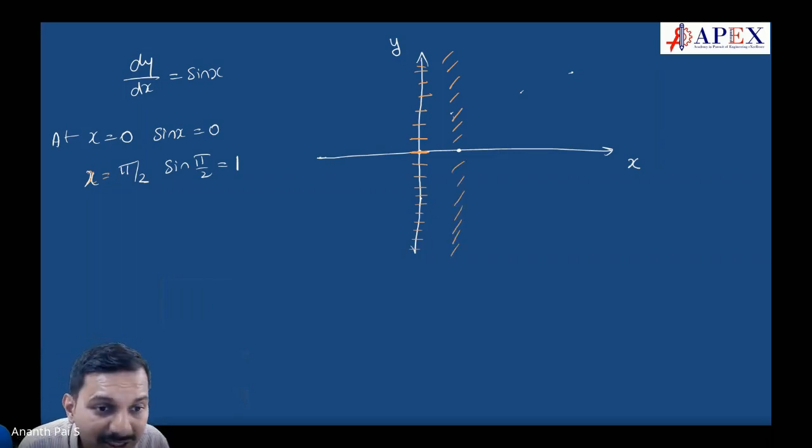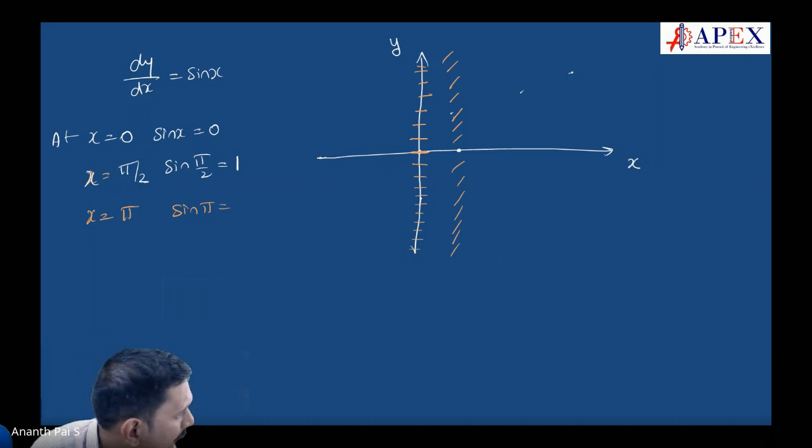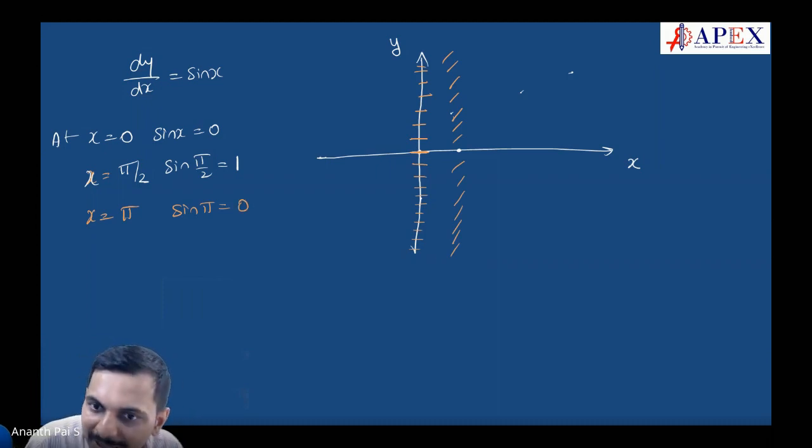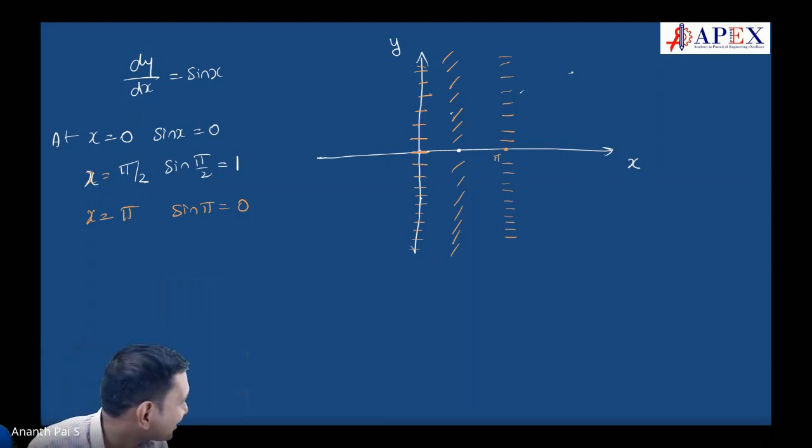If you consider at x is equal to pi, what is sine pi? 0. So at pi, the slope is all 0. In between, you have all the intermediate values.